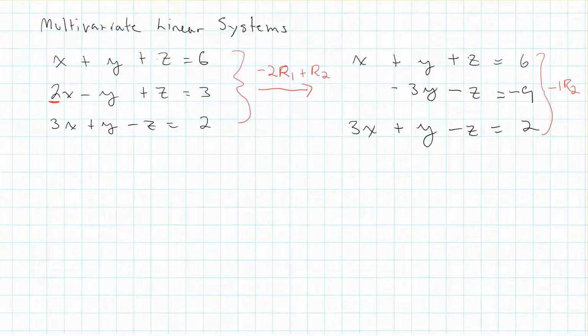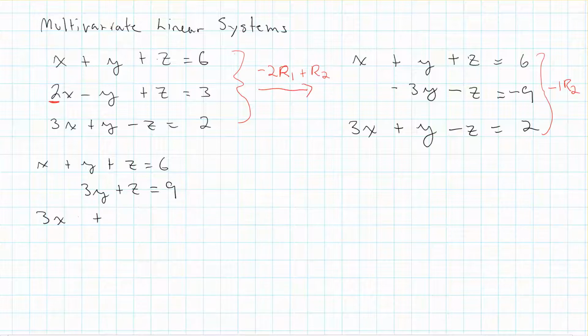And so if I do that, the top equation doesn't change, x plus y plus z equals 6, and then the next equation just becomes 3y plus z equals 9, and then I still have 3x plus y minus z equals 2.